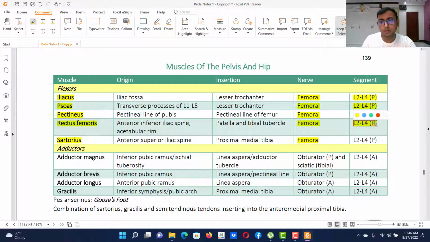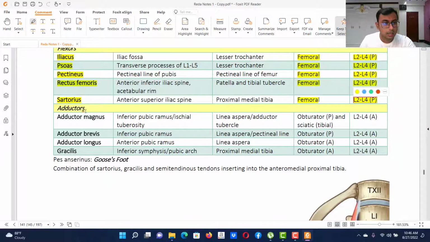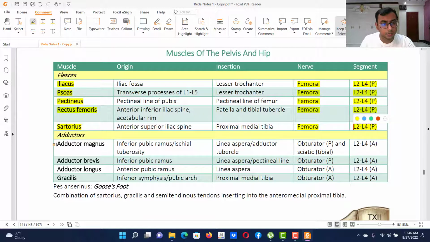It is also supplied by the obturator nerve, same root value, lumbar 2, 3, 4. Because obturator nerve and femoral nerve are derived from the same root, but the anterior compartment of the thigh is supplied by femoral nerve. And the adductor compartment, that is the medial compartment of the thigh: adductor magnus, longus, brevis, and gracilis. So four muscles.